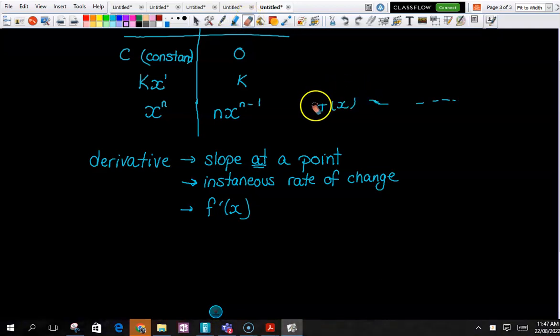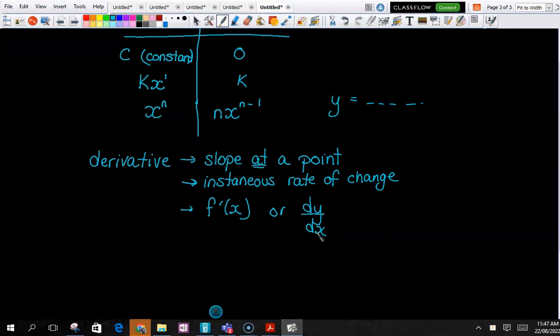And this isn't a deal breaker. I tend to mix it up. But when we've got y equals something, it's a bit kooky to write f dashed of x if you haven't used f of x. So the alternative for that is dy by dx. It's the derivative of y with respect to x.